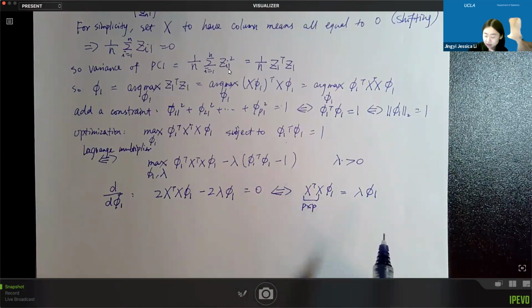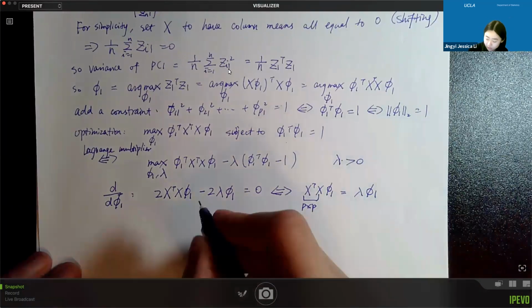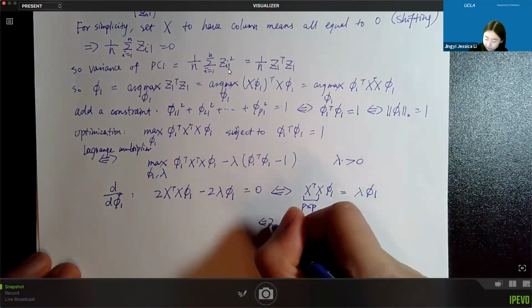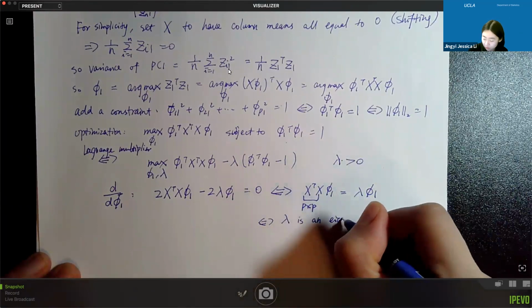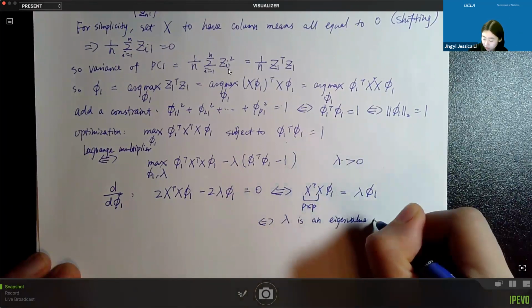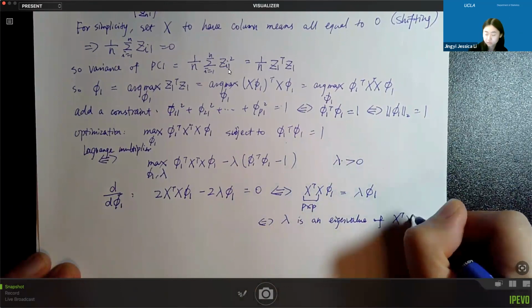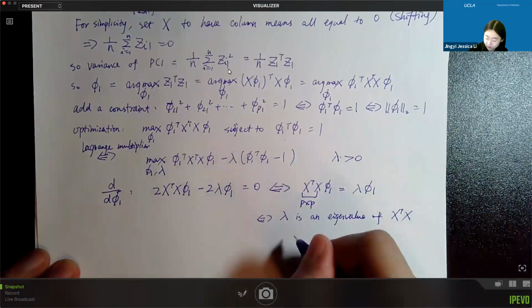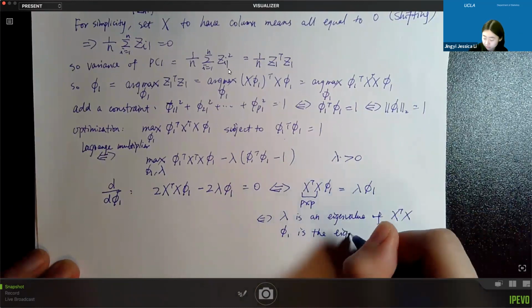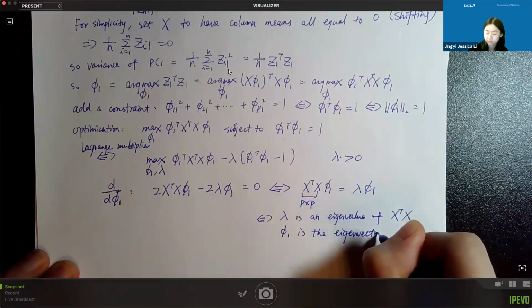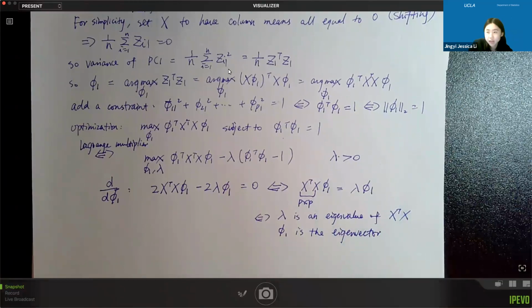And then what's this? If you have learned of eigenvalue and eigenvector, this tells me, okay, lambda is an eigenvalue of x transpose x. And phi 1 is the corresponding eigenvector. This is the definition of eigenvalue and eigenvector.